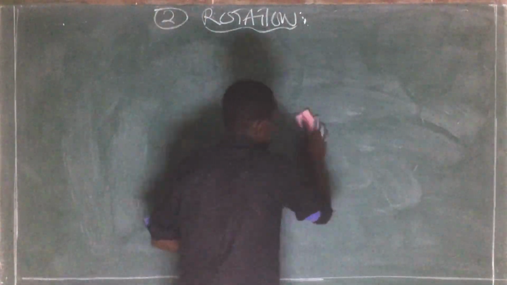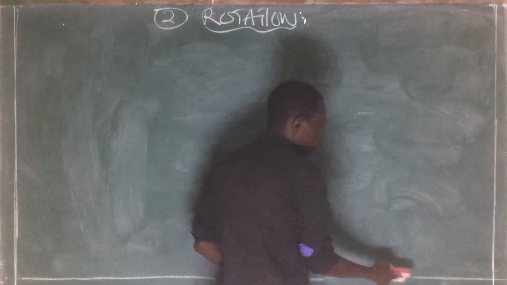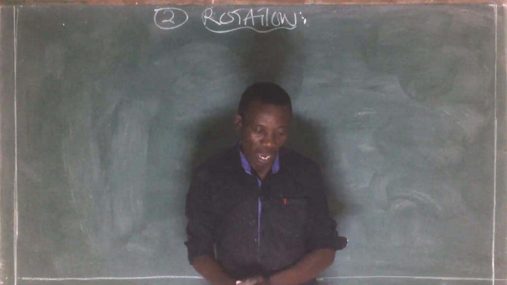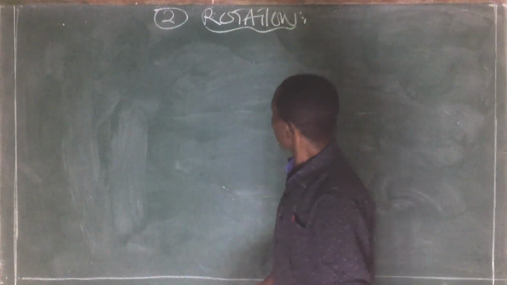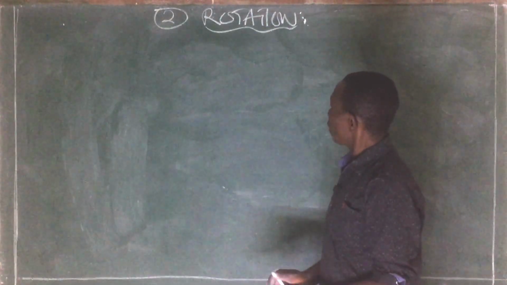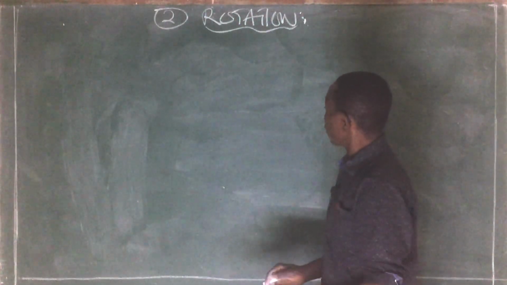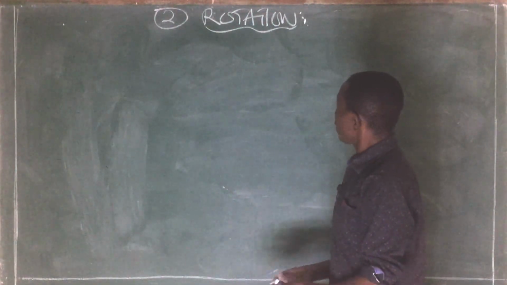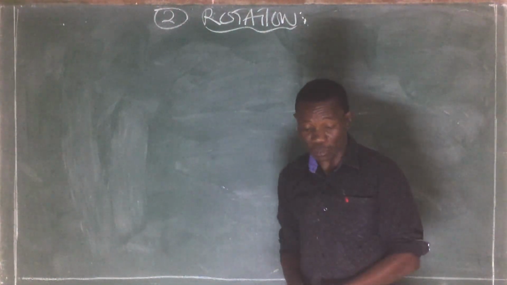Transformation by rotation. What are the issues, first of all, that we need to consider before we start looking at the way we can rotate an object? It's more like an activity. You need to know how best you can rotate an object. So first of all, let us understand what we need to know about rotation.